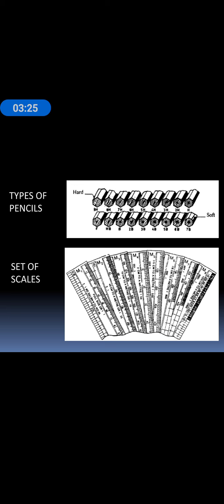The pencils are differentiated between 8H to 7B. When we increase the number of H, the pencil will be harder, and when we increase the number of B, the pencil is darker. So generally we can use H, 1H and HB pencils for our purpose.